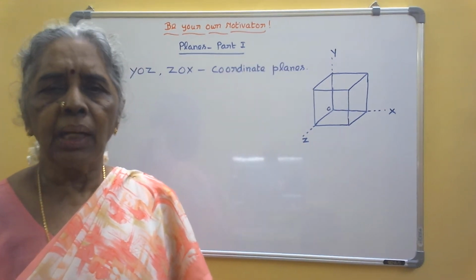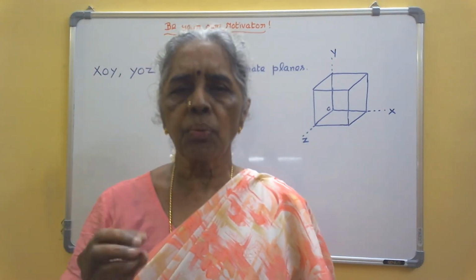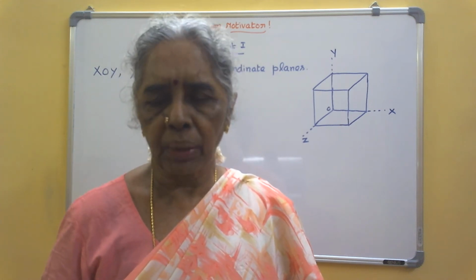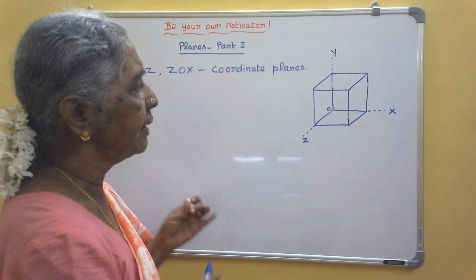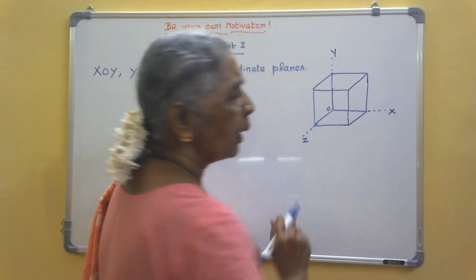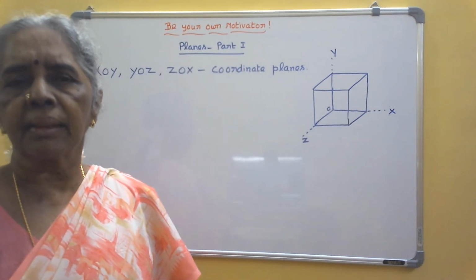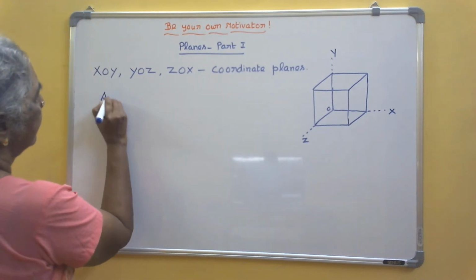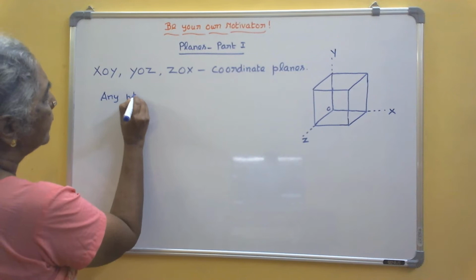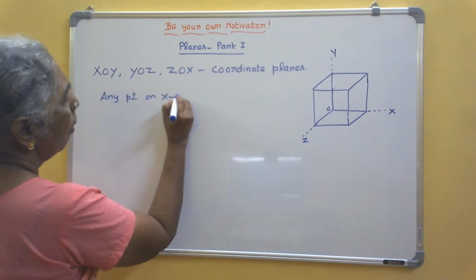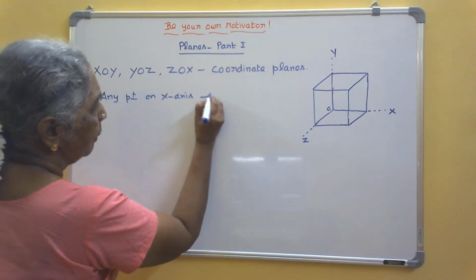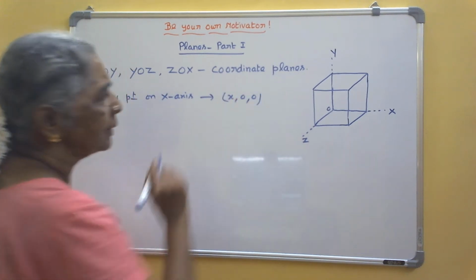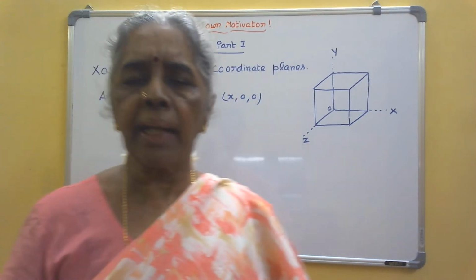Now, let me tell you certain basic facts which you should know. If you consider any point on the x-axis, what will be the coordinates? Any point on x-axis means you will get x comma 0 comma 0. The x coordinate can be anything.